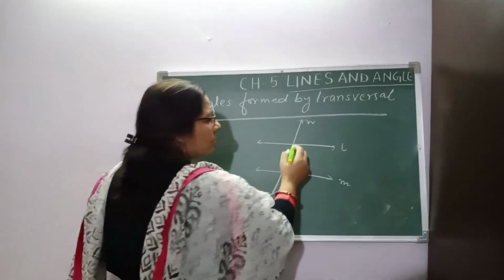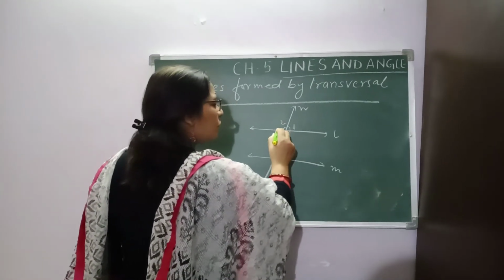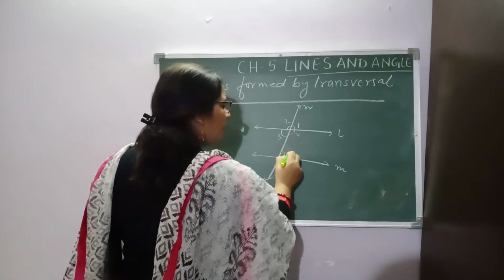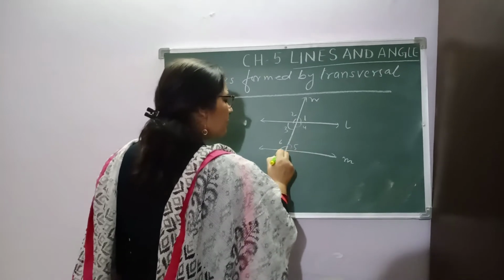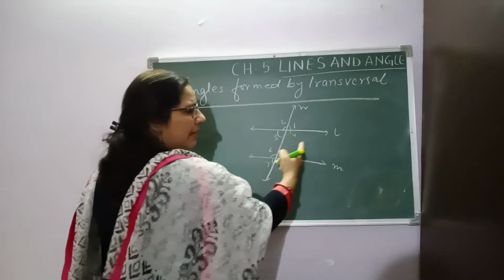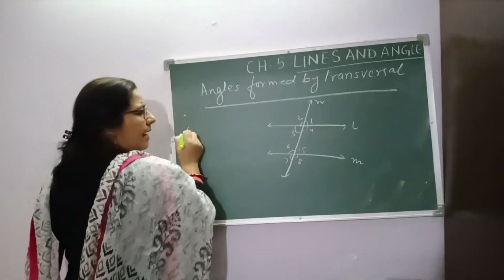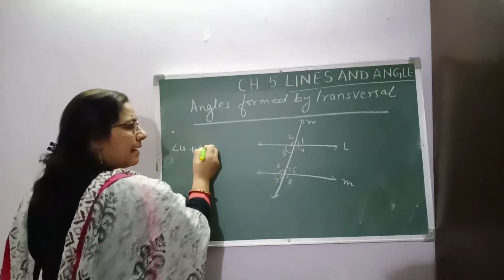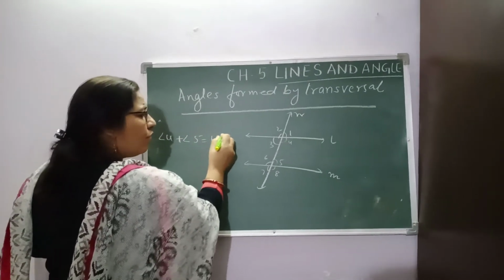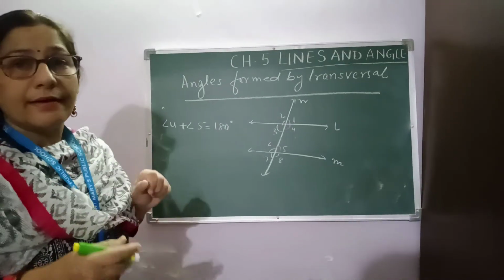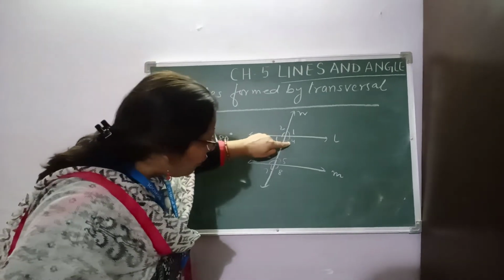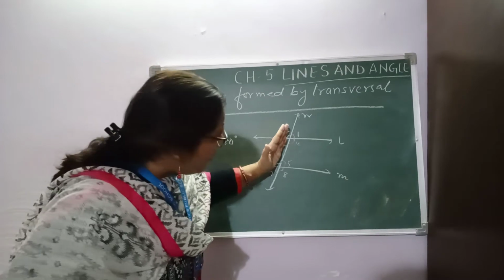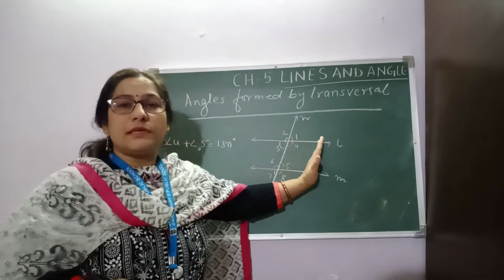So suppose this is 1, 2, 3, 4, 5, 6, 7 and 8. We can write angle 4 plus angle 5 is equal to 180 degrees, the sum of angle 4 and 5, because they are on the same side of a transversal.